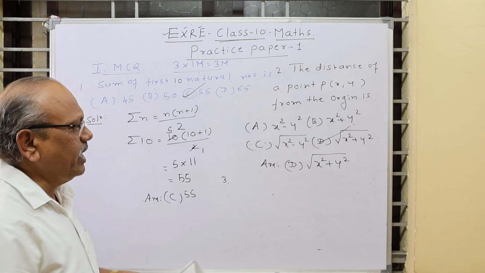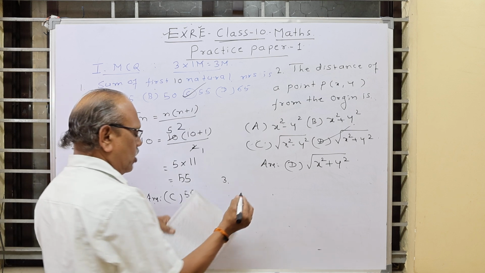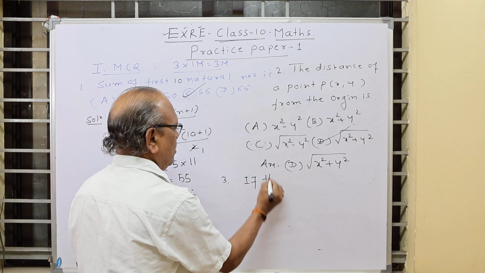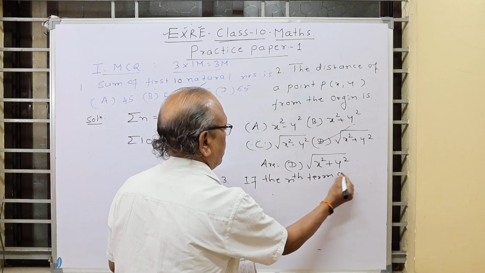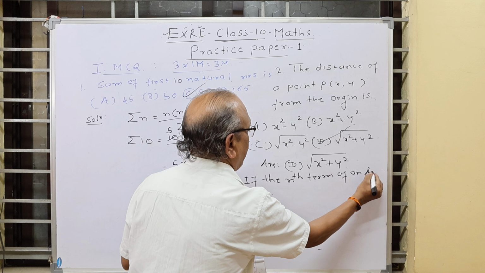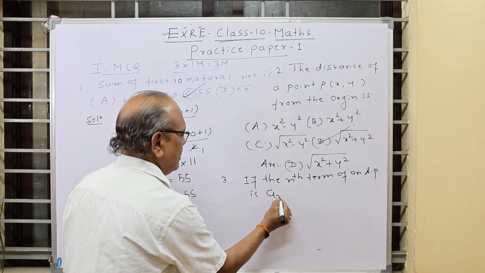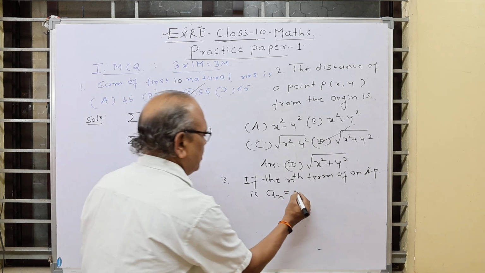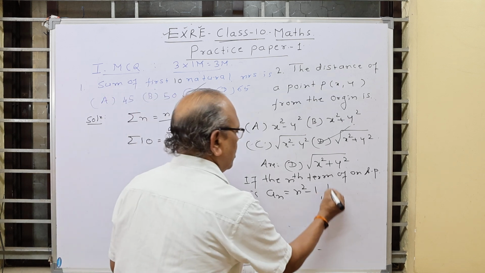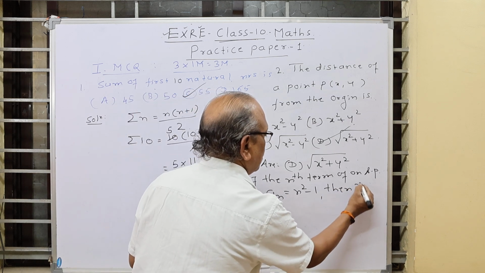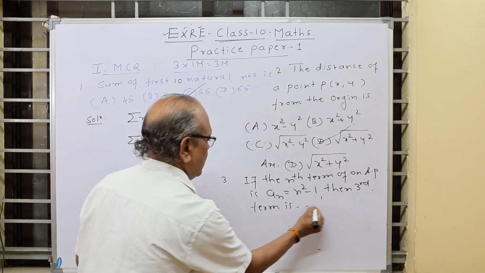Third problem, I think all of you can answer it very easily. Third one is, if the nth term of an AP is an is equal to n square minus 1, then third term is dash.